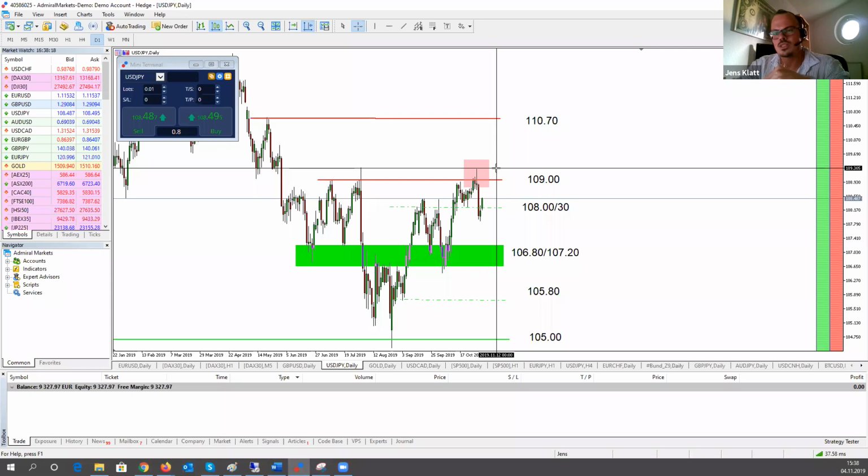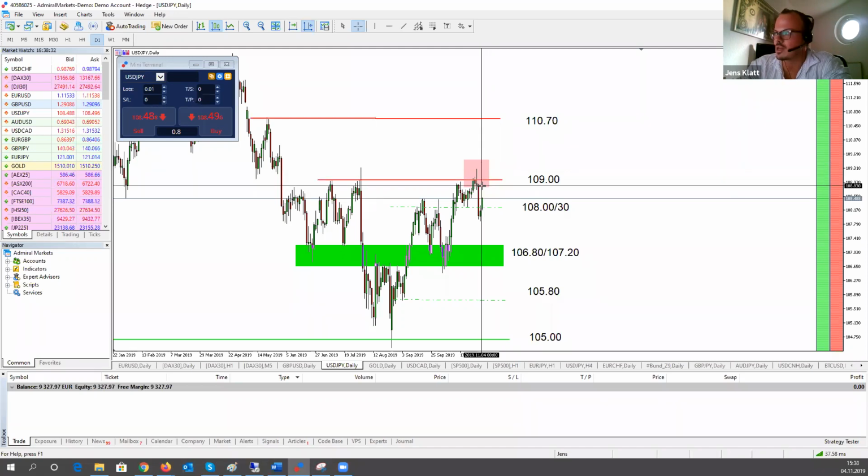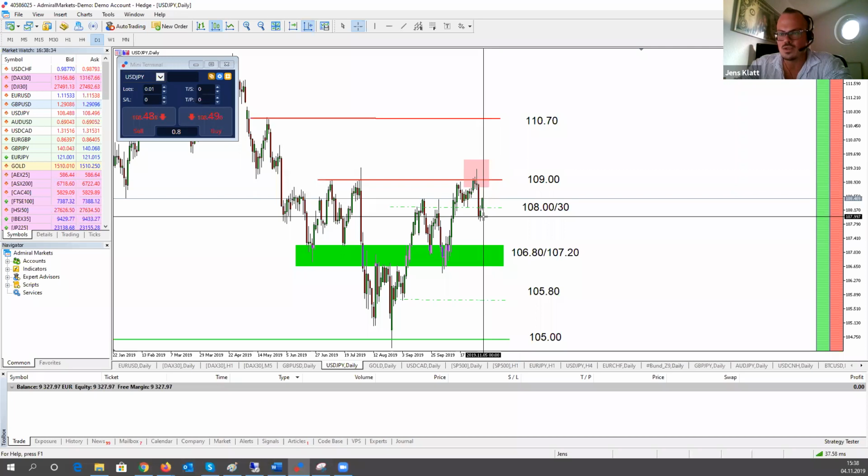But since there was not enough, let's call it, hawkishness or restrictive monetary policy approach delivered from the Fed, the follow through here is unlikely to happen. So what you see instead is the market pushing higher and then being sold into this news event.